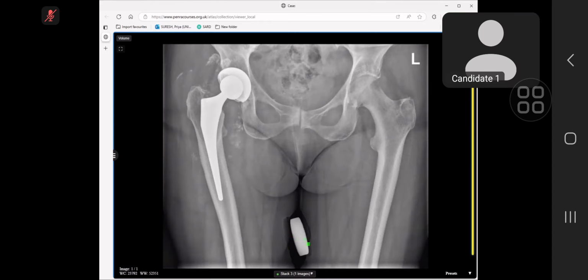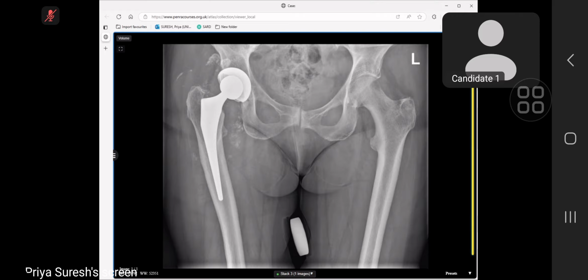This is an X-ray of the hip, frontal projection, status post total hip arthroplasty on the right side. There is no displacement, loosening, or fracture of the prosthesis, and the rest of the bone shows degenerative changes.